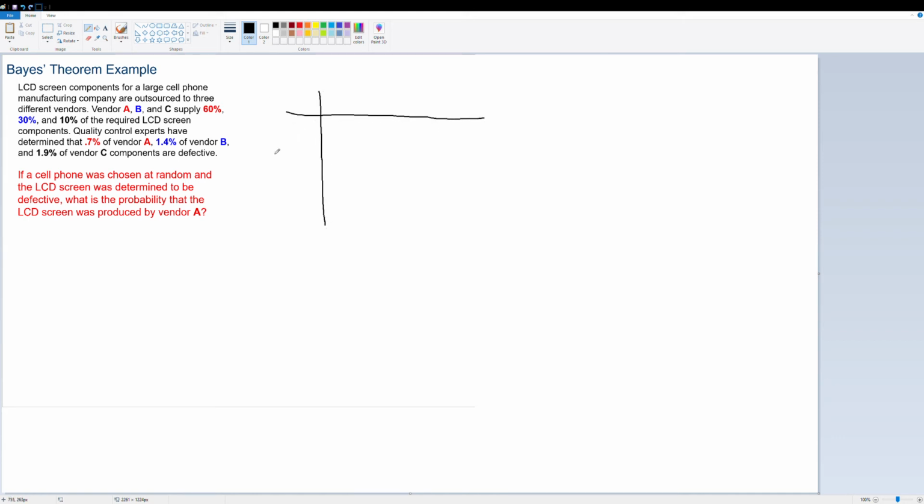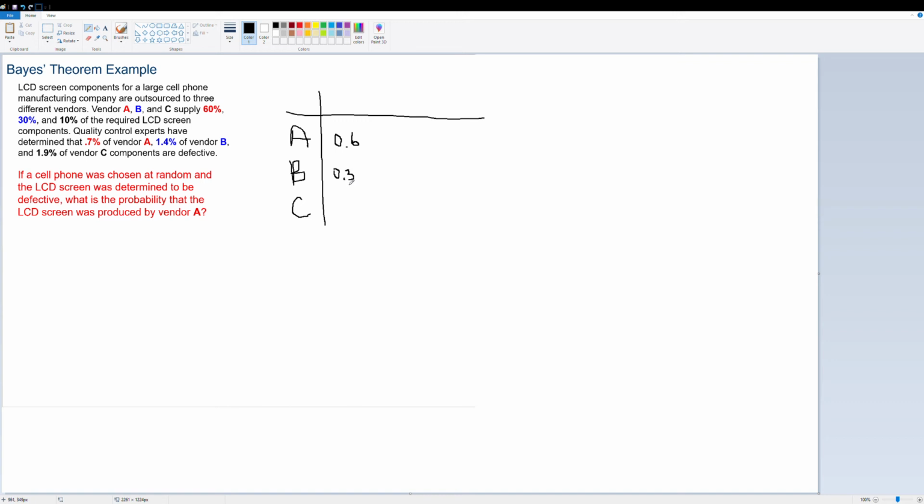I have 3 vendors, vendor A, vendor B, and vendor C. And they each supply different percentages to this manufacturer. Vendor A supplies 60% or 0.6. Vendor B supplies 30% or 0.3.